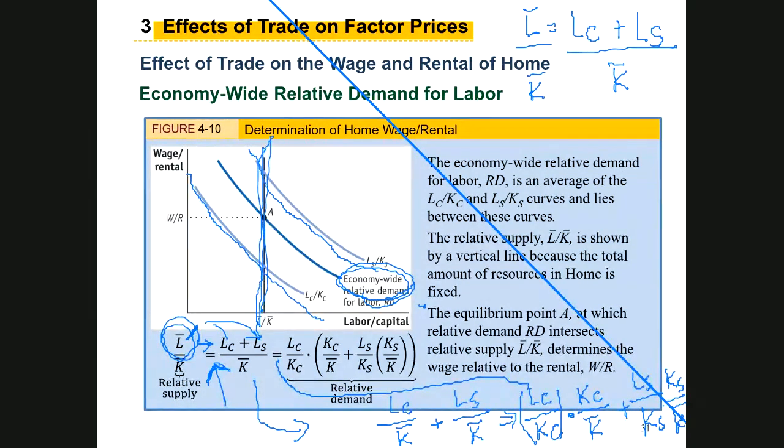We try to construct the demand based on two sectors in the home country. One is computer, one is shoes. If you separate them, they have two different labor demands. But if we only look at the nationwide labor demand, it's this one.